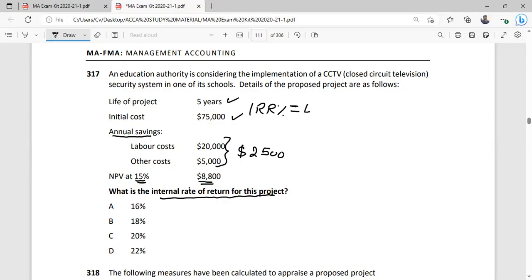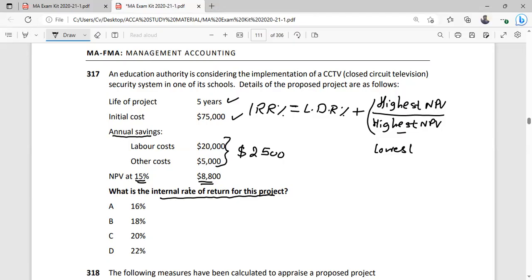IRR is equal to the lower discount rate plus highest NPV divided by highest NPV minus lowest NPV, into the difference between the high and low discount rate.